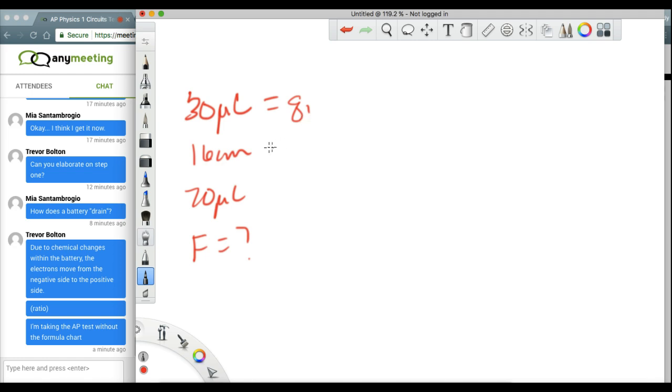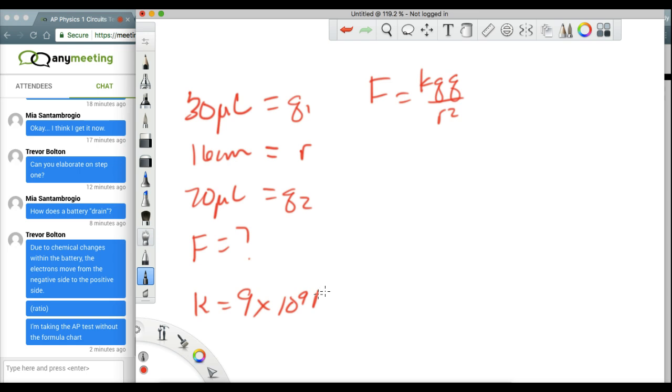This is going to be my distance, or my R value, and this is going to be my Q2. They want to know force. My equation is force equals KQ1Q2 over R squared. So the only thing I'm missing is K. That's my constant, which is 9 times 10 to the 9th newton meters squared per coulomb squared.